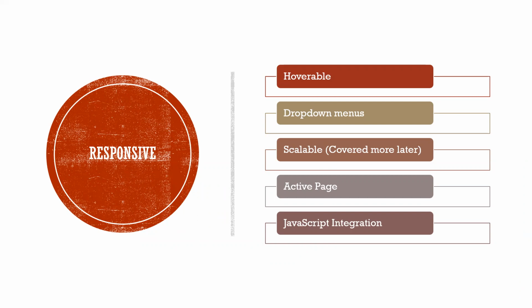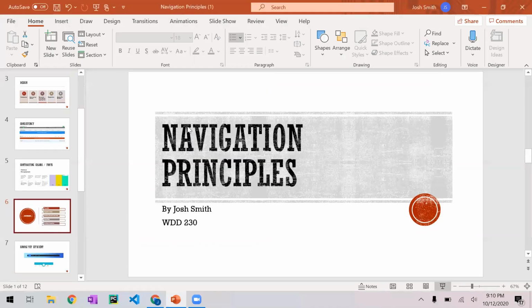If I'm on the contact page and I scroll all the way down and then all the way back up, I don't know where I'm at. I don't want to be clicking on the contact page again because that wastes my time. And then JavaScript integration, which helps with the responsiveness, and everything that you can do will most likely be in JavaScript.